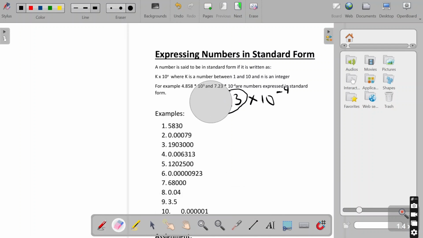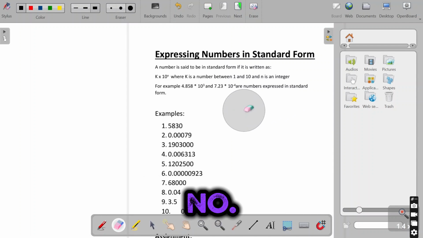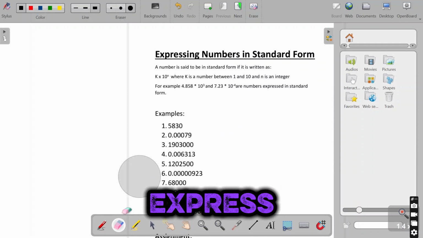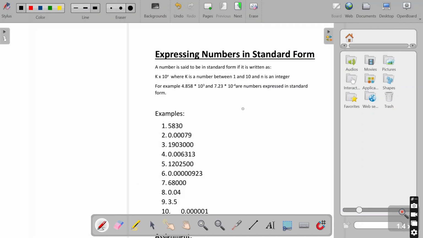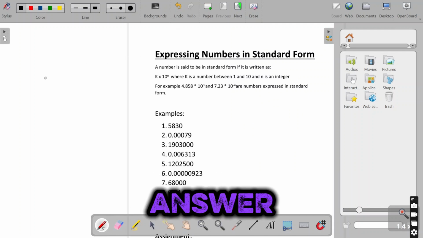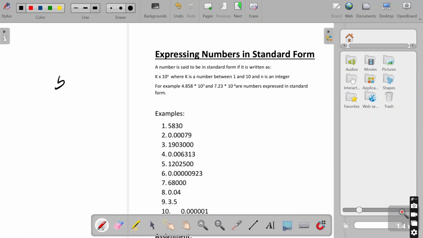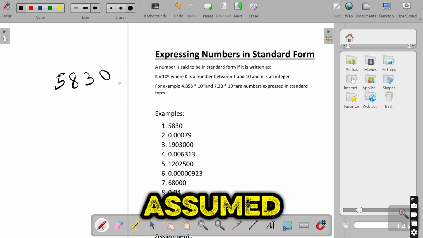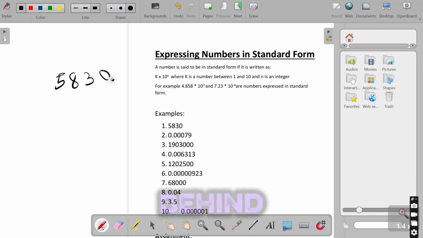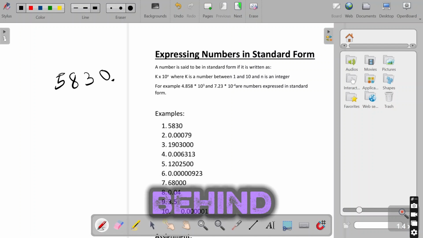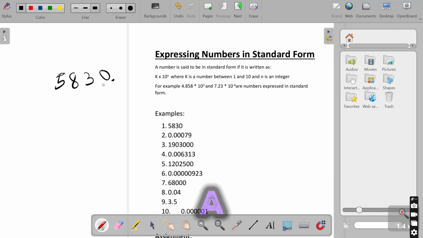So for example, we have the number 5830. How do we express 5830 in standard form? It's very easy. Just write 5830 down. At the end of every number, it's assumed that there's a decimal point just behind it.